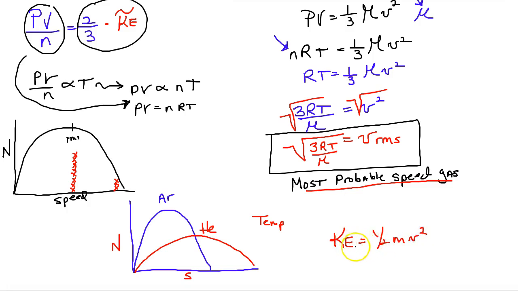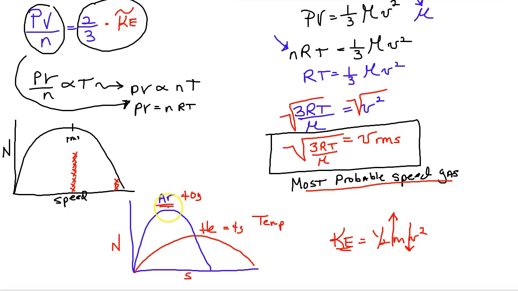So both of these have the same kinetic energy. But careful, if they both have the same kinetic energy and one has a greater mass, it's got to have a what? Lower speed. Yeah, the heavier gas, argon's molecular mass is about 40 grams per mole. Helium is about 4 grams per mole.